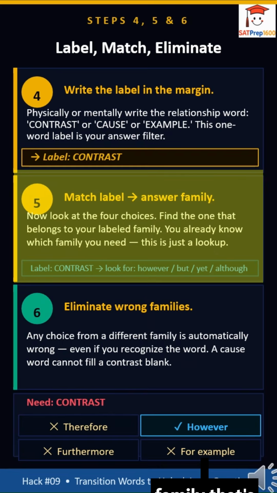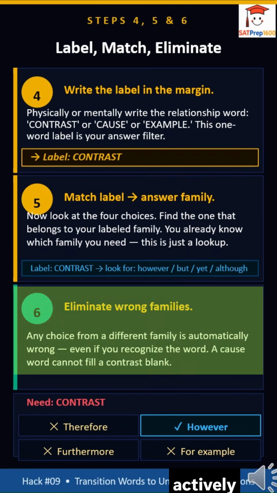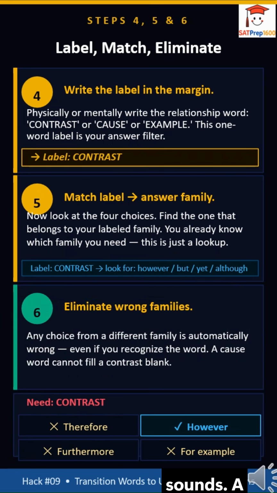That's your answer. Step 6. Actively eliminate wrong families. Any choice from a different logical family is wrong, no matter how familiar or reasonable it sounds. A cause word cannot fill a contrast blank. Period. This 3-step sequence, label, match, eliminate, makes transition questions automatic.